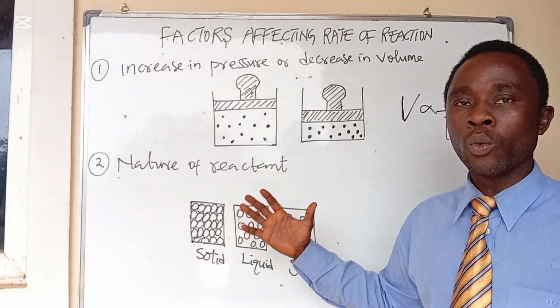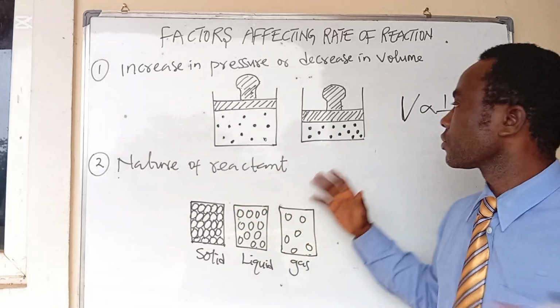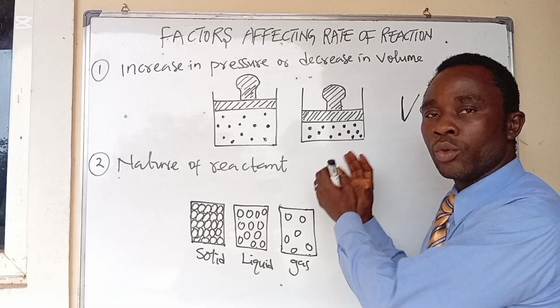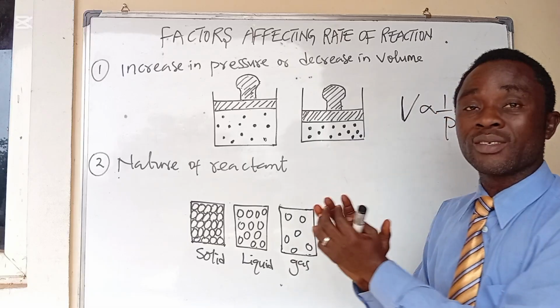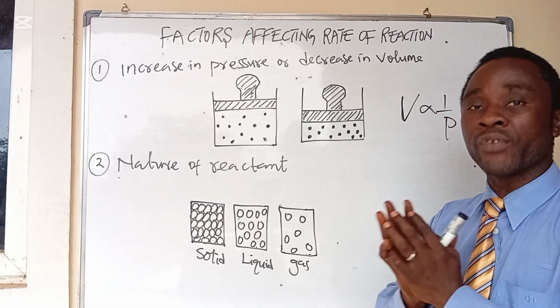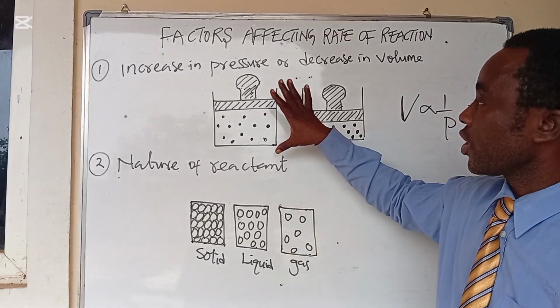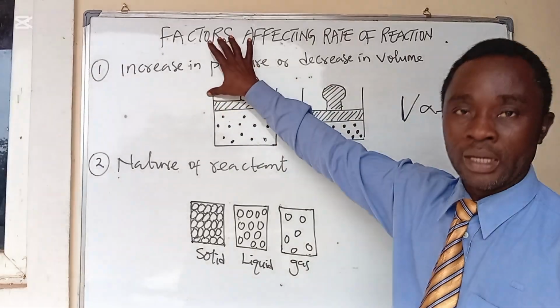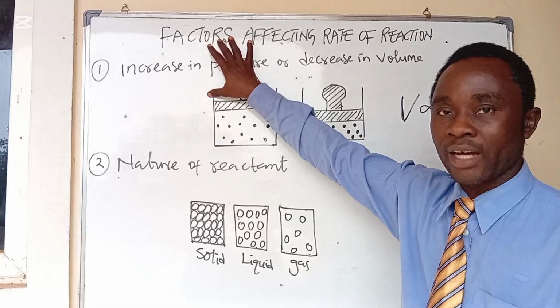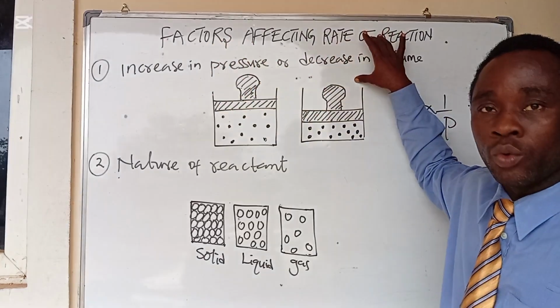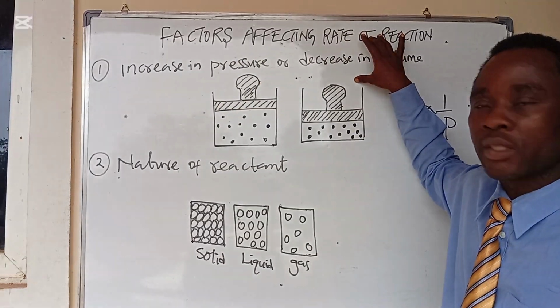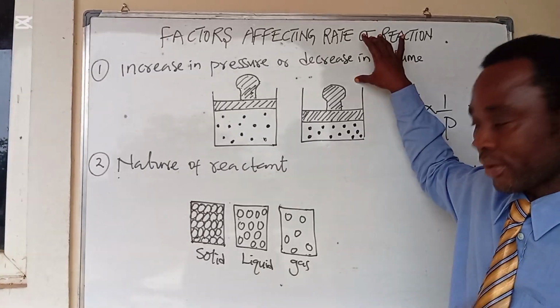Big volume will lead to less collision, while smaller volume will lead to more frequency of effective collision. That is why increase in pressure will lead to faster rate of reaction, while decrease in volume, the same thing, will lead to the faster rate of reaction.